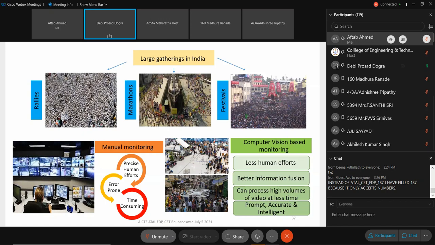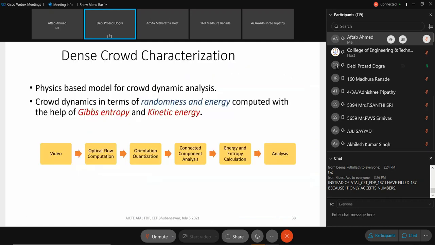You may argue that sometimes human observation is much more accurate. But if you are able to train the system properly, it will be more accurate than typical human-based systems. Now, I'll show you one framework where dense crowd characterization can be done using simple physics-based rules.